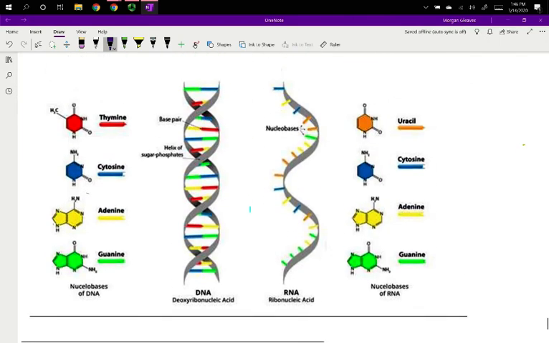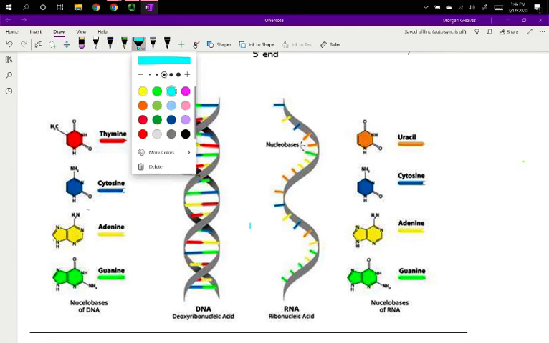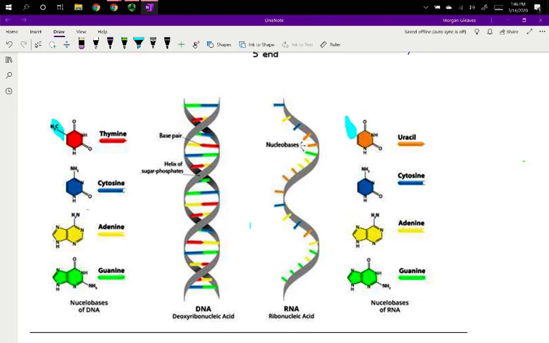So let's scroll back up to RNA. RNA, if we look at its molecules, is very similar to DNA. You know, guanine, adenine, cytosine, they're the same. Only difference is it incorporates uracil instead of thymine. And if we look really carefully, the only difference is that CH3. Thymine just has a methyl, uracil doesn't.